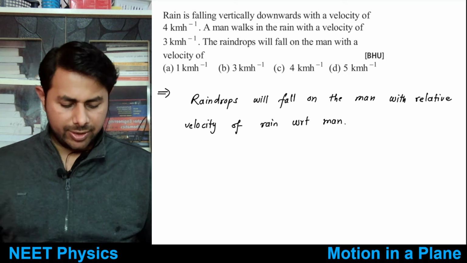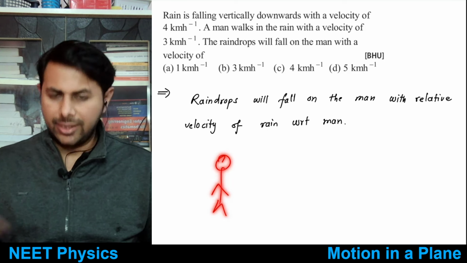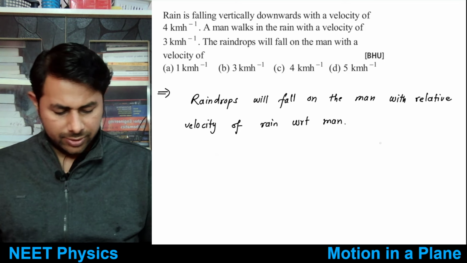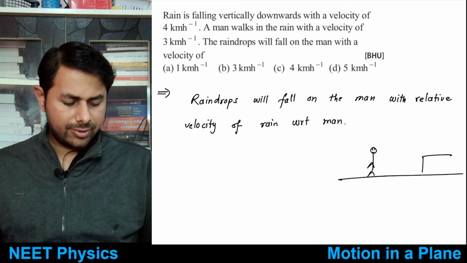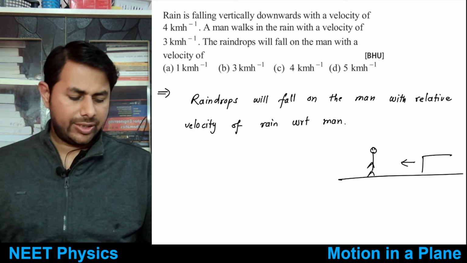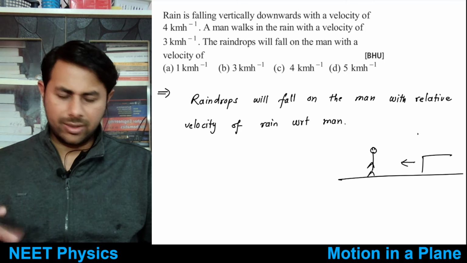Okay, for an example, suppose you are just standing on ground and a bus comes from other side, and the bus is moving with speed of 1 meters per second, let's say, or let's say 10 kilometers per hour.